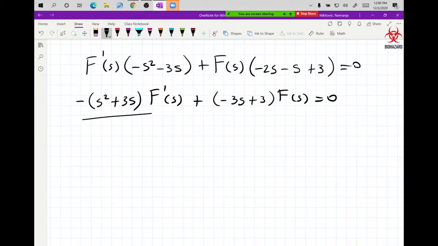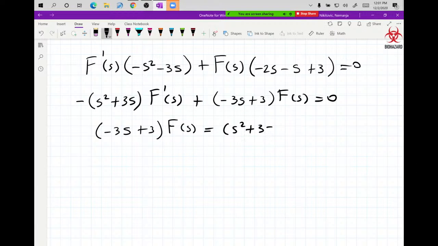Move this term to the other side, becomes positive. So now we have negative 3s plus 3 times f of s is equal to s squared plus 3s f prime of s. And move f of s to the other side, and you get your separable differential equation, right? This goes this way, this goes that way.